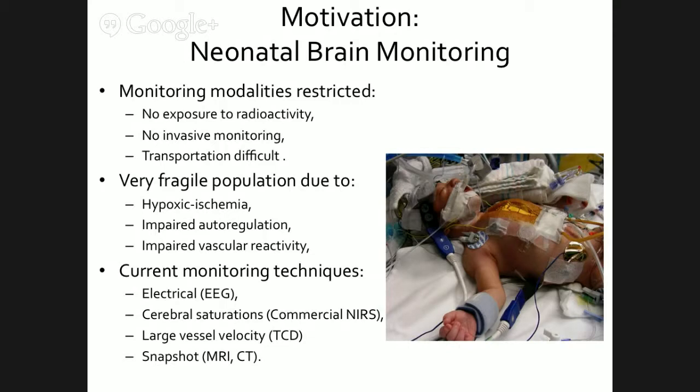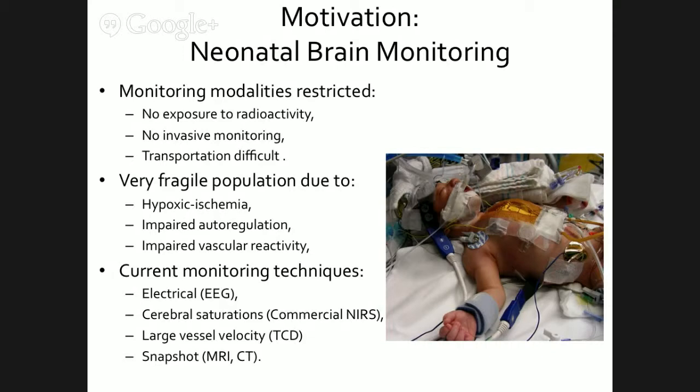Right now, the main techniques used to monitor the brain are EEG, which looks at electrical activity, not hemodynamic activity. Some centers, Boston Children's being one, use commercial NIRS devices that measure trends in cerebral oxygen saturation, and I'll talk about the limitations of that further into my talk.